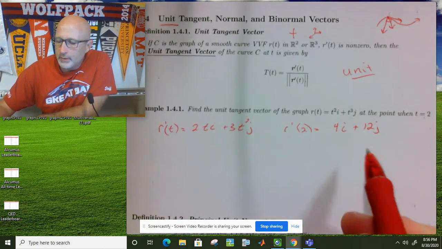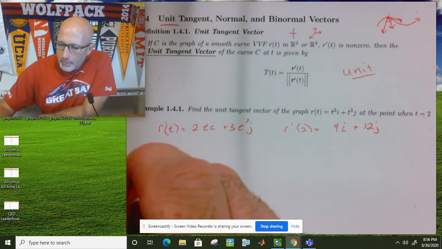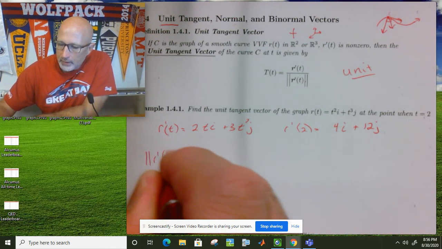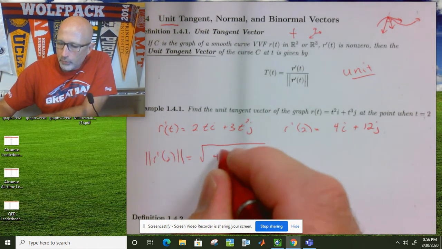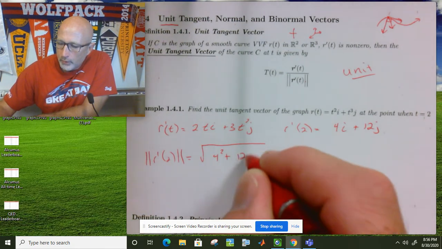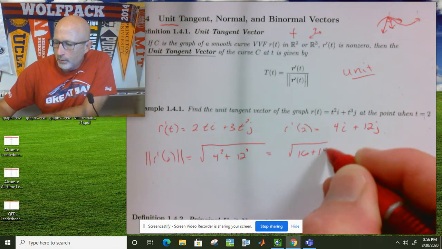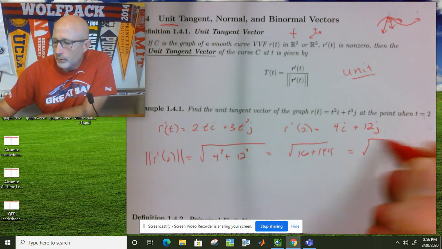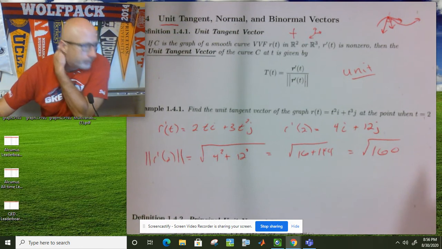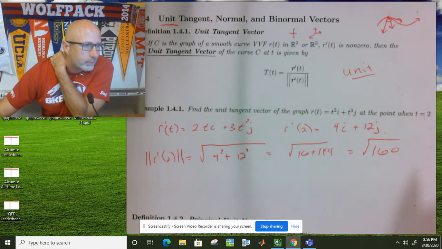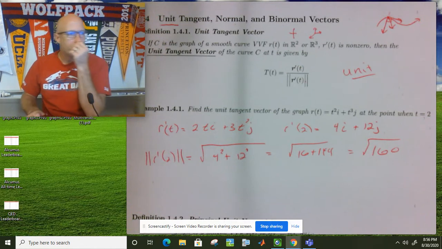Now, hopefully you can see that that doesn't have a magnitude of 1. So let's go ahead and figure out what the magnitude of that is at 2. Well, that's going to be the square root of 4 squared plus 12 squared, which is going to give you the square root of 16 plus 144, which is the square root of 160. We could go a little bit further than that.